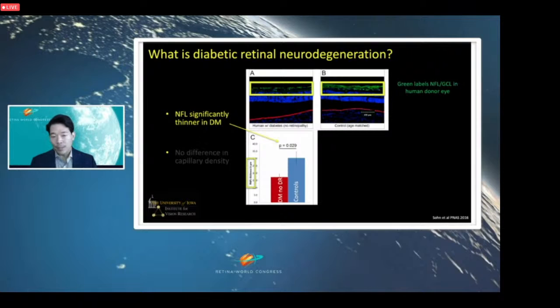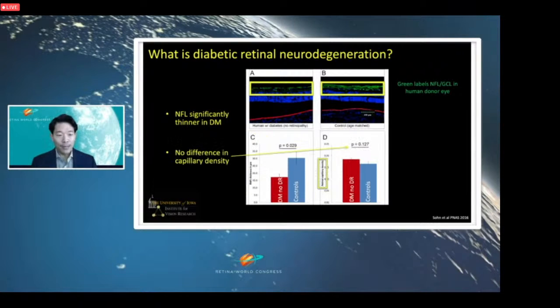This patient did not have any signs of hemorrhage, no history of injections, PDR or laser, and yet the NFL was significantly thinner when we looked at half a dozen diabetics without diabetic retinopathy compared to those controls. And if you look at the vessel density, the capillary density, there was no difference between these groups. So again, this is about a dozen patients split between diabetes with no diabetic retinopathy and controls.